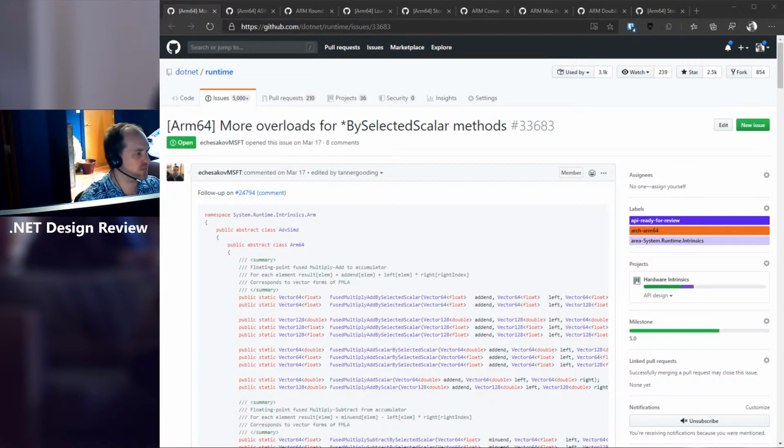All right. For this one, we've reviewed matching APIs for all so far, but these are the by-selected-scalar variants for those APIs. So it's the same API. It's just the last parameter, byte index, which scalar from the vector you're picking and using, rather than doing it vector-wise.